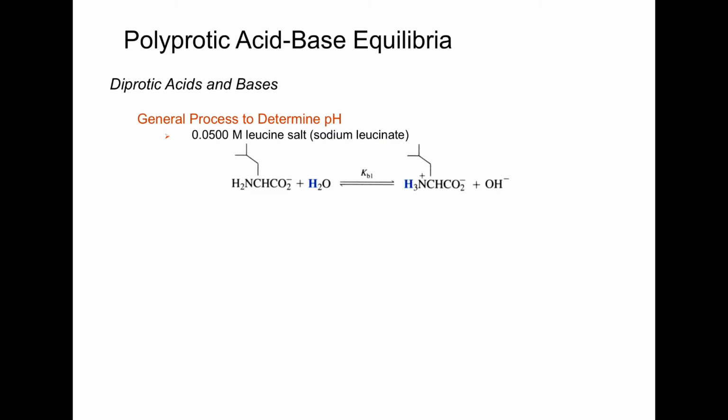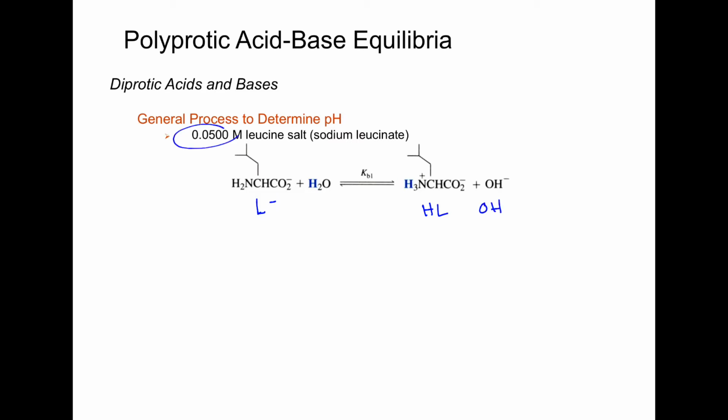So we're going to do something similar here. We're going to set up an ice table like we did last time. So this is the L minus, this is the HL, charge. And so when the L minus reacts with water, it would get one of the hydrogens to make HL, and then the OH would be left over. Okay, so OH is going to be our other product here.